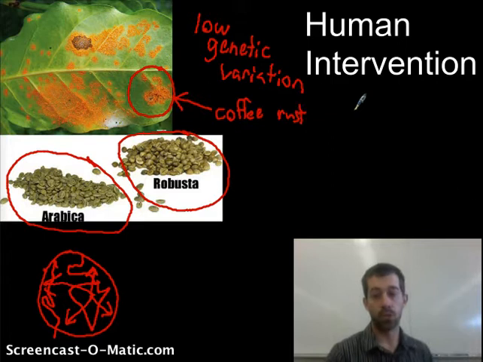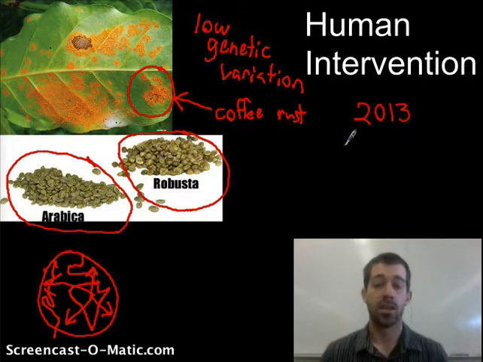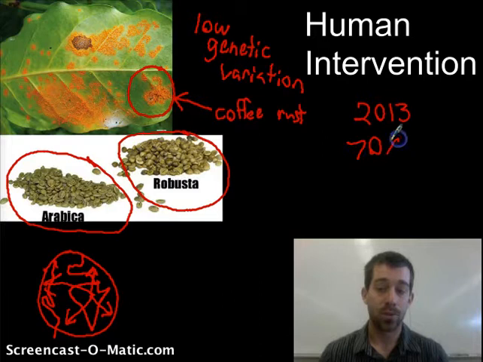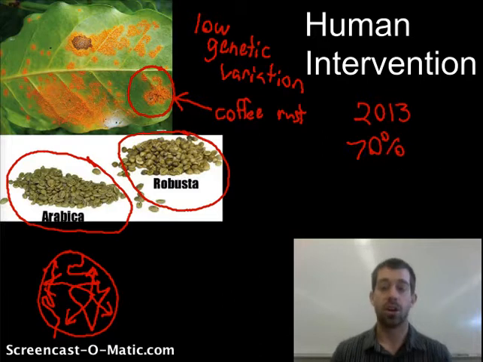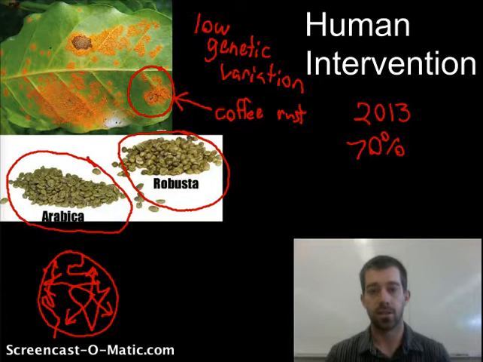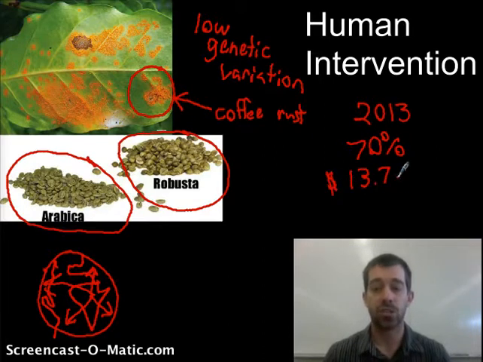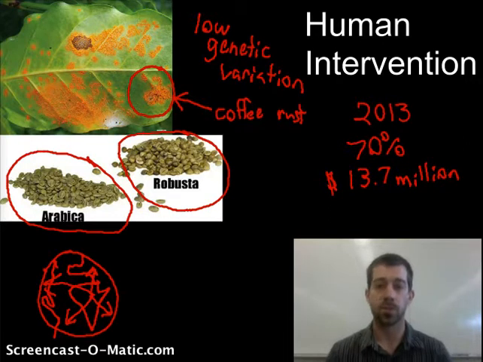And in 2013, coffee rust in Guatemala took 70% of Guatemala's coffee production. Destroyed it, killed 70% of the plants. And this cost Guatemala $13.7 million just to keep all the farms still open by giving a little bit of money to people so they could make it through the year.